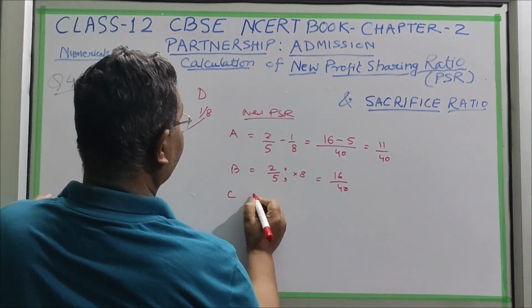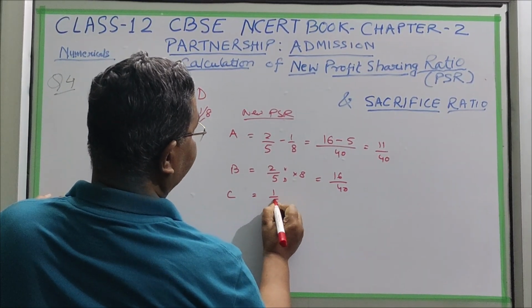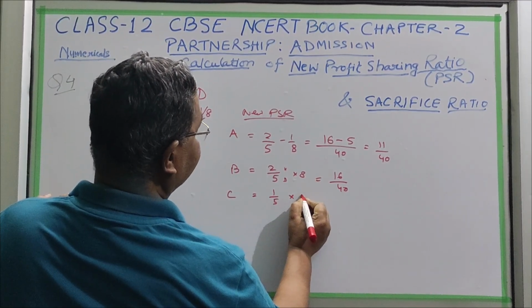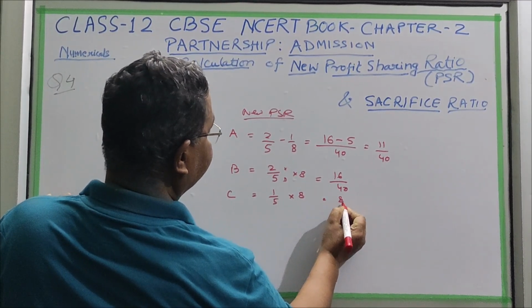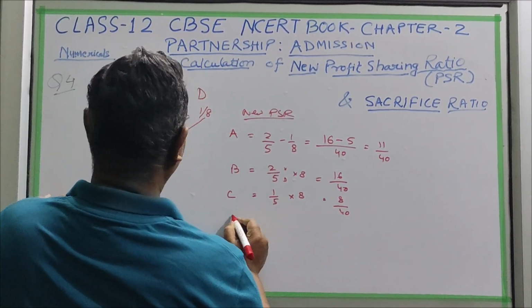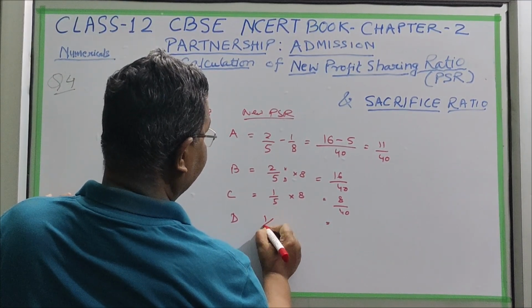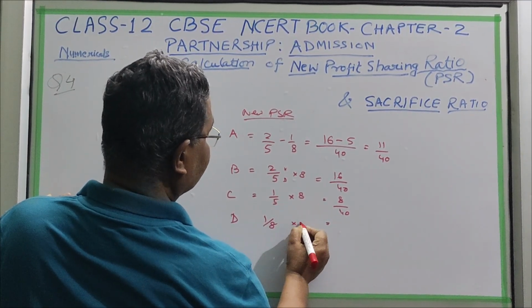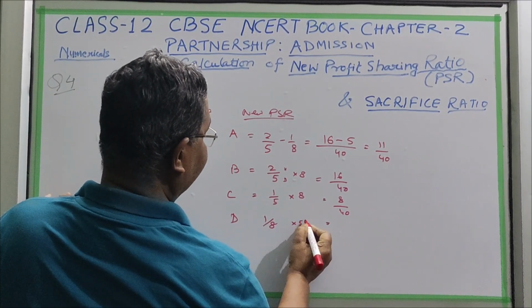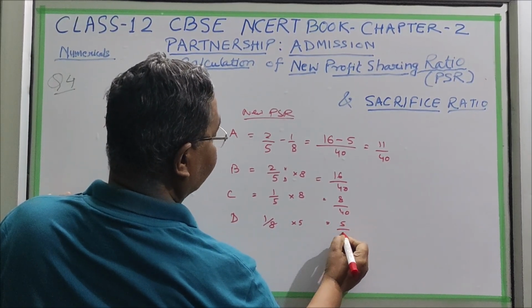And C is also not changing. We will multiply it by 8, so 8 upon 40. And D is coming for 1 upon 8, so this also we will make by multiplying by 5. So 5 upon 40.